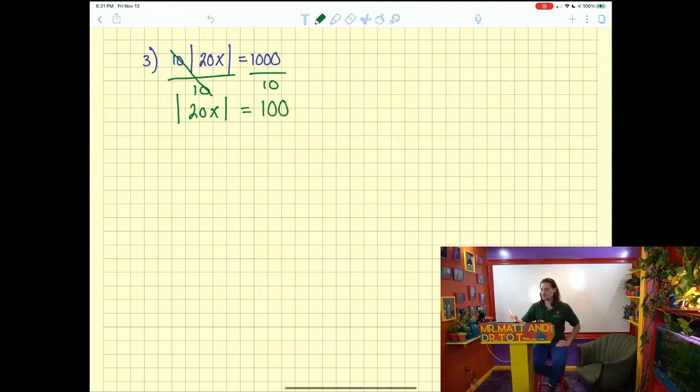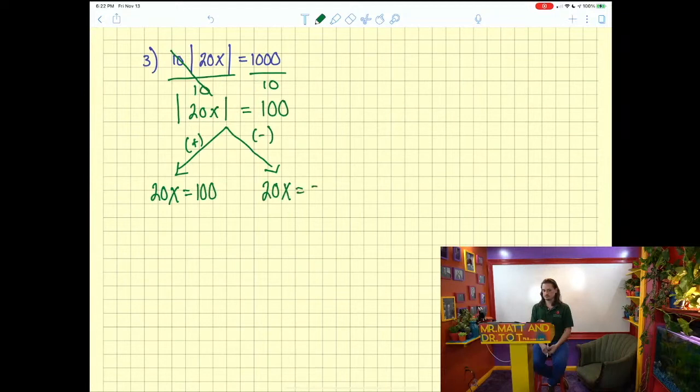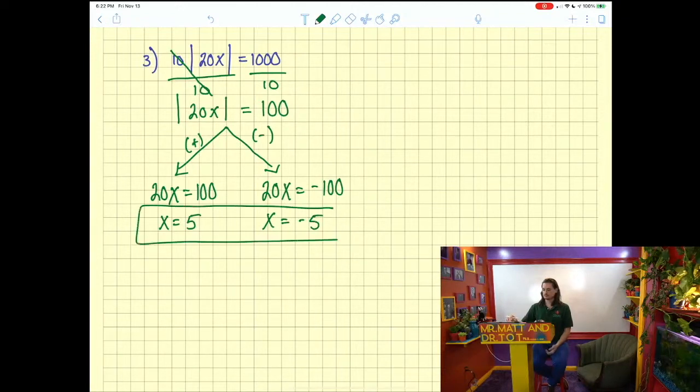Dividing by 20 on both sides, we're going to find x is equal to positive 5 and x is equal to negative 5. If you have any questions, then please let me know.